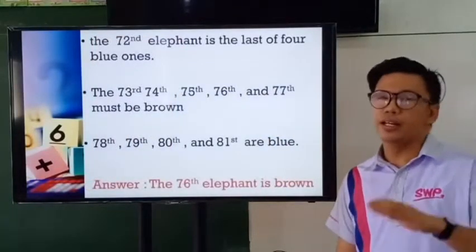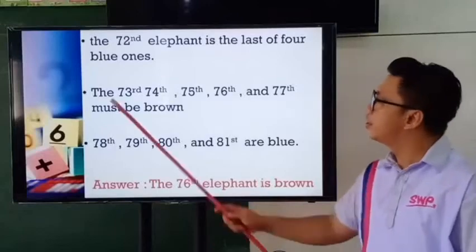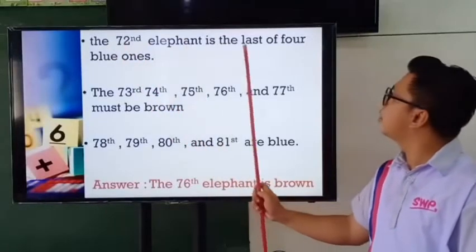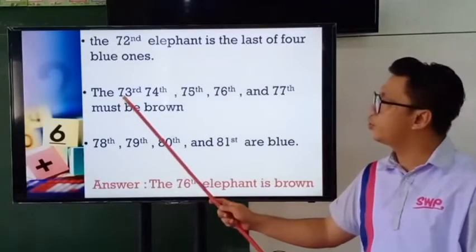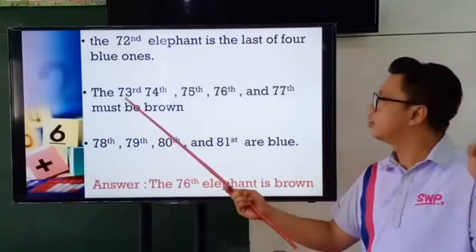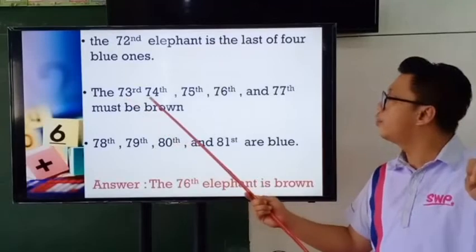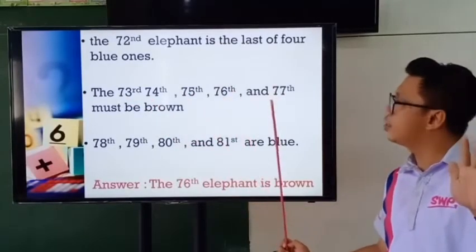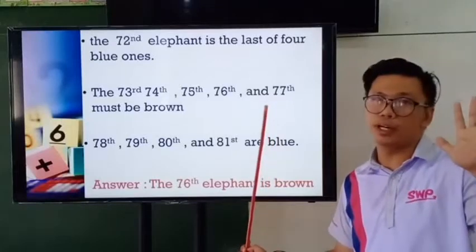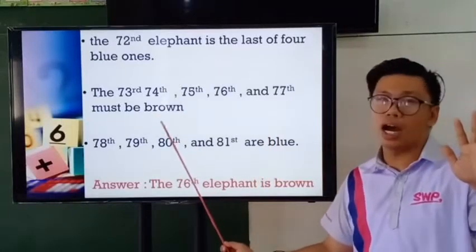Now we will look at what color the 76th is. The 72nd elephant is the last of the 4 blue ones. So we will start with 73: 73, 74, 75, 76, and 77. Those 5 numbers we call the brown color.